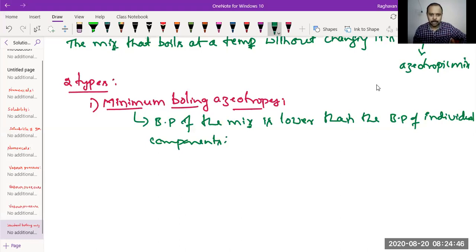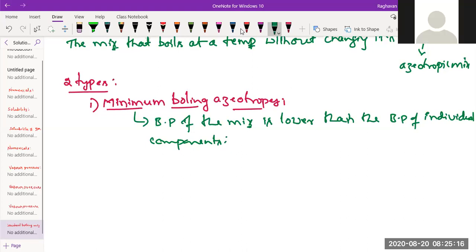So, minimum boiling. Is it positive, negative, or ideal? There is a hint in the explanation itself. Positive deviation. Why do you say it is positive deviation?